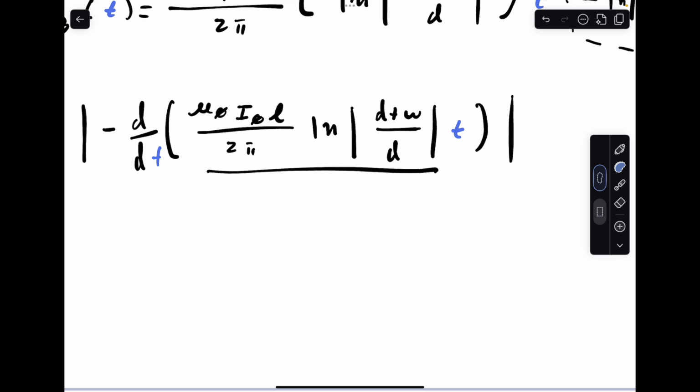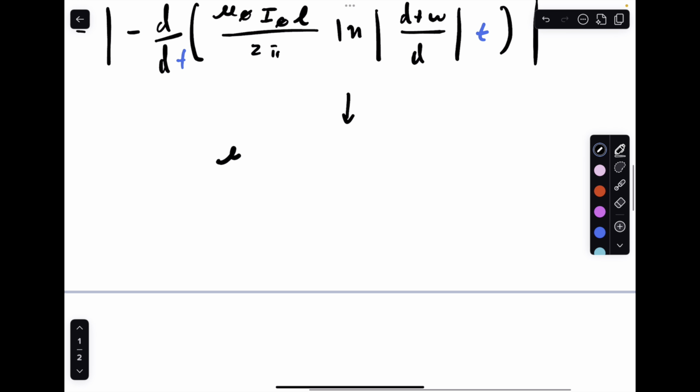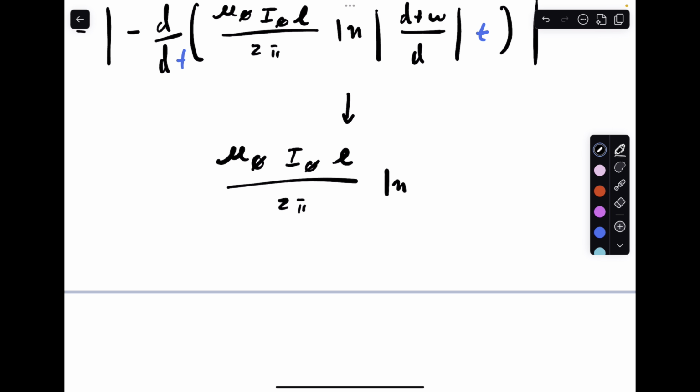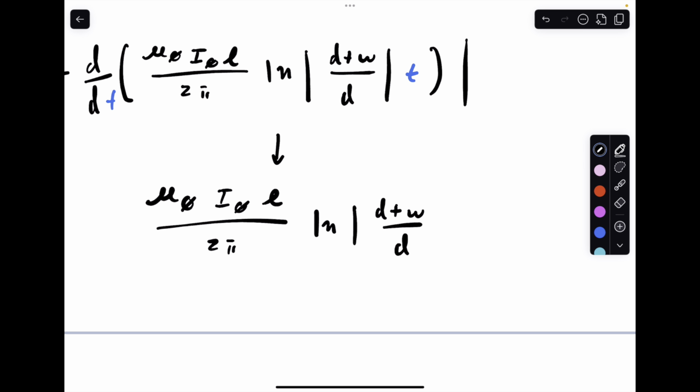So guess what? The same thing applies here. So the induced electromotive force will be mu naught I naught L over 2 pi ln of d plus w over d. And I kept saying the derivative of a constant. The derivative of a constant is 0, but when you take the derivative of a constant times a linear multiplier, which is the dependent variable, like if it's 2t and you take the derivative, that's just going to be 2.